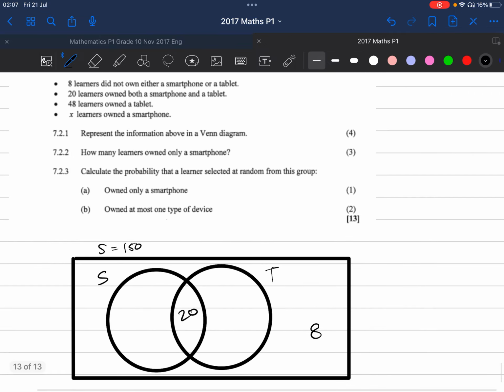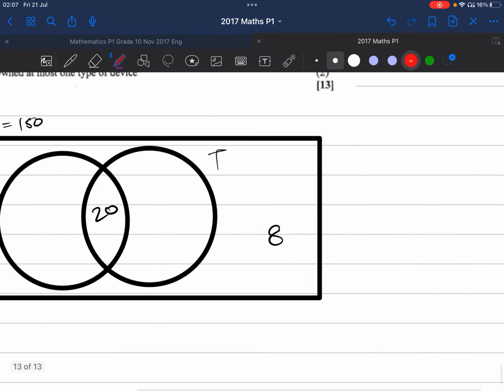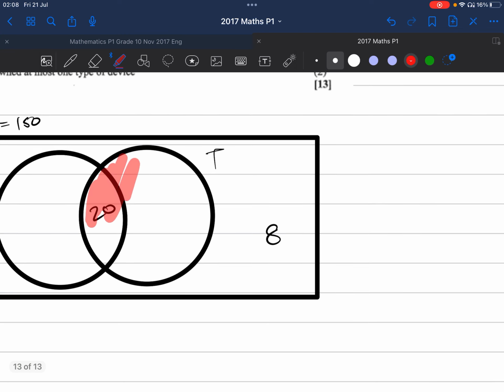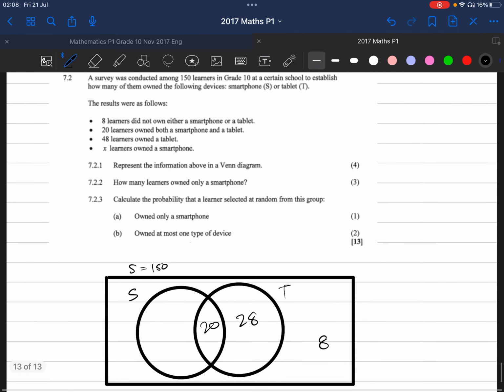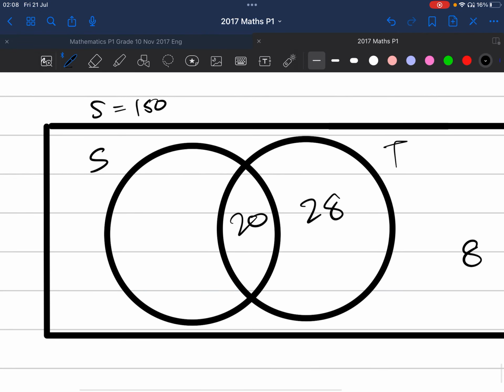Okay. 48 owned a tablet. So this entire circle here represents the tablet. Okay, so 20 is already accounted for there, so the remainder is 28. Okay, and then for the X learners who owned a smartphone, that's going to be X minus 20.